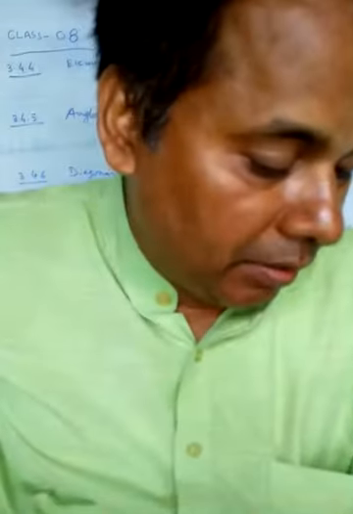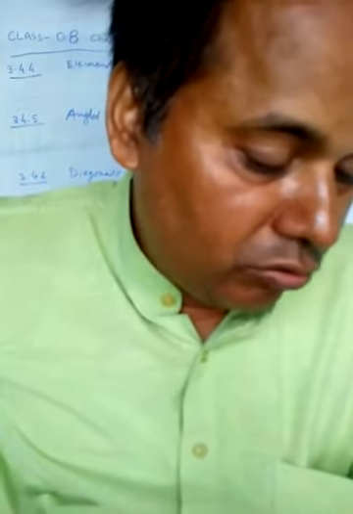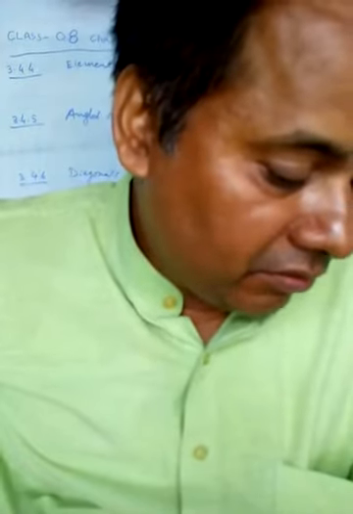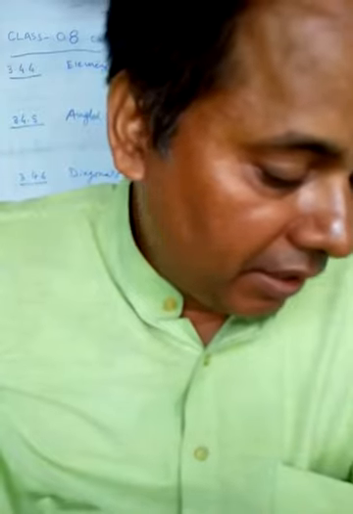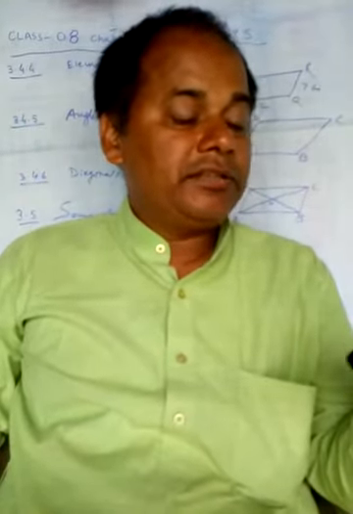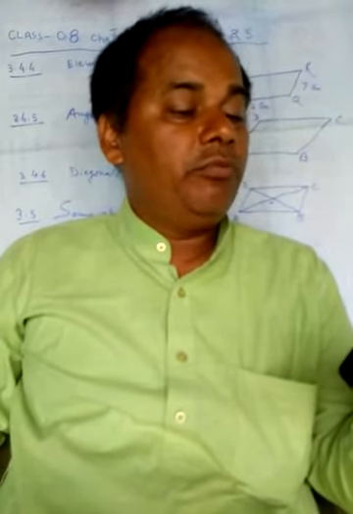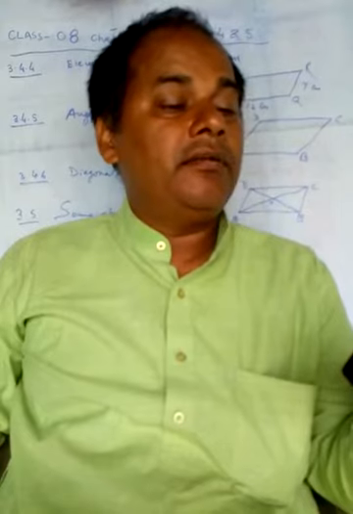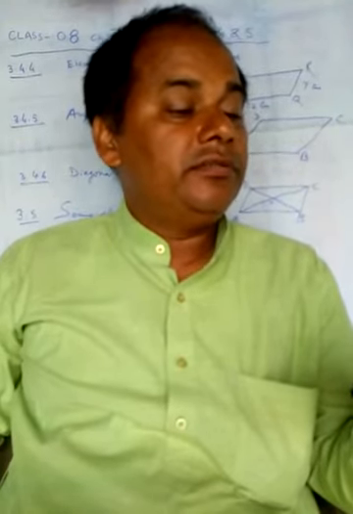Place A dash B dash over DC. Do they coincide? What can you now say about the length AB and DC? Similarly, examine the length AD and BC. What do you find? You may also arrive at the result by measuring AB and DC.